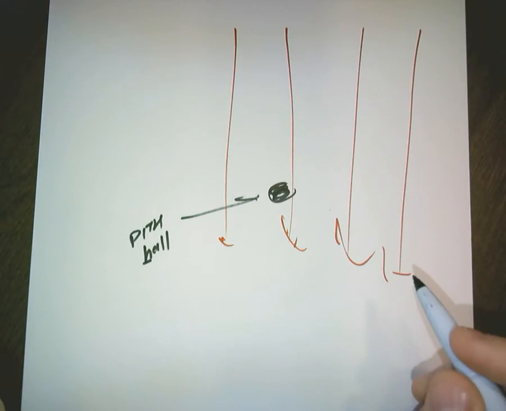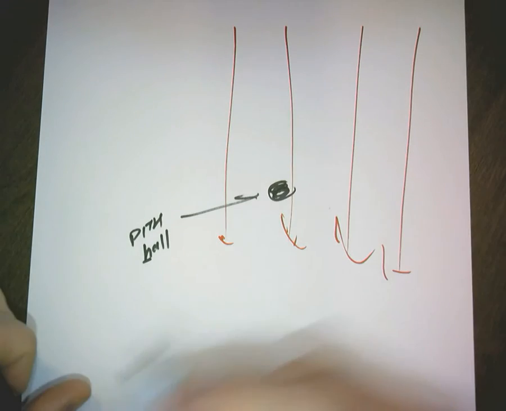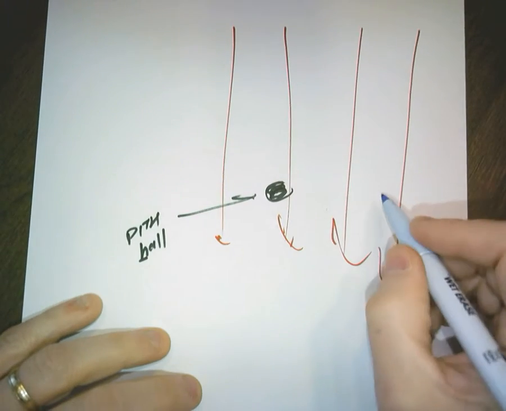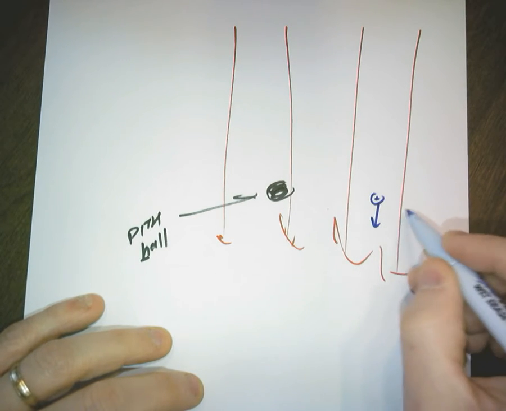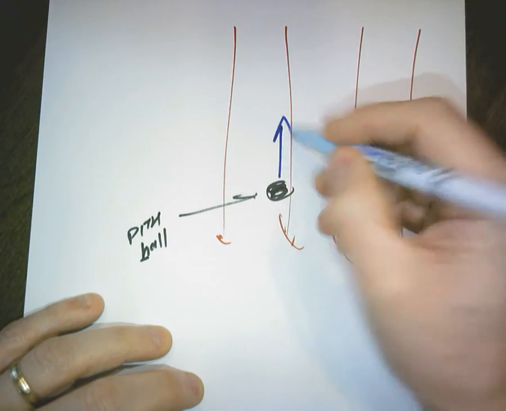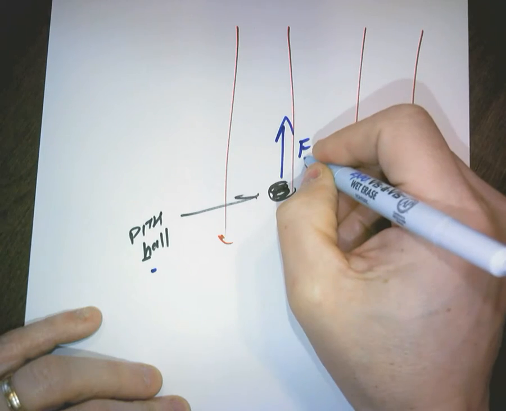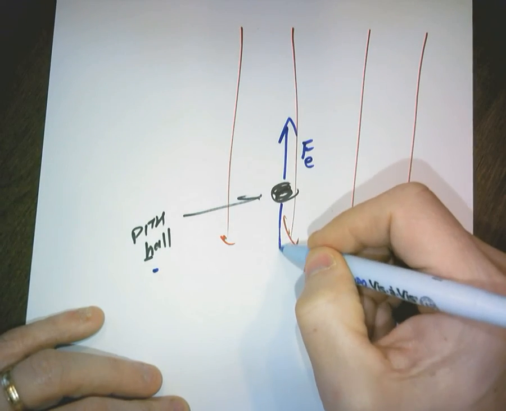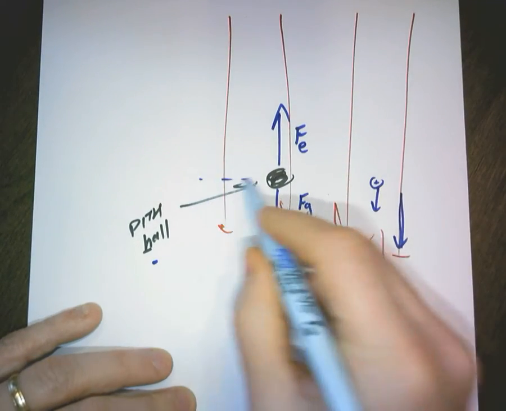Little tiny charge, like literally just a few extra electrons. Which way is it going to be tugged? Well, if the field is down, that tells me a proton would go down. By definition, this field shows the direction a test charge would feel. So this negative charge, a pith ball with a few extra electrons, goes the opposite way. But it's a pith ball, so it's got some weight to it. And what you can do is float it in the field.